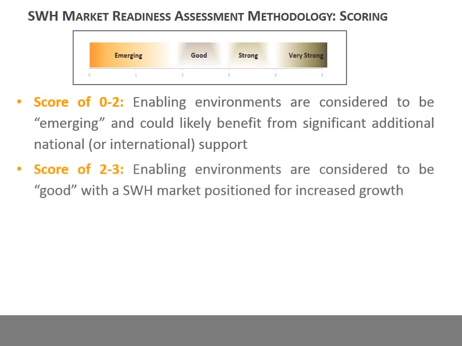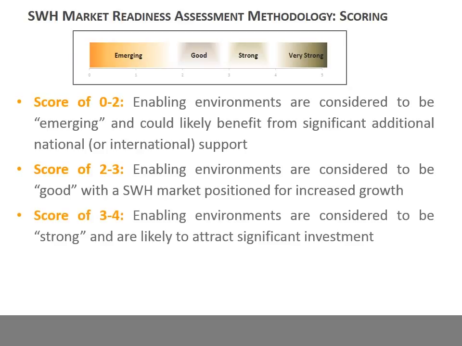A score of 2 to 3 indicates that a country's solar water heating enabling environment is considered to be good, with the market positioned for increased growth. A score of 3 to 4 indicates that a country's enabling environment is considered to be strong and is likely to attract significant investment. Many of the world's leading solar water heating markets will score between 3 and 4.